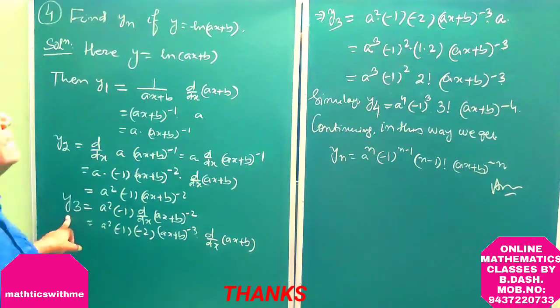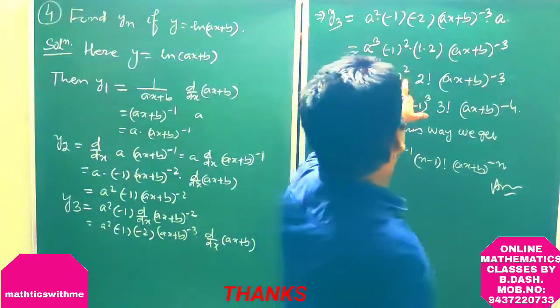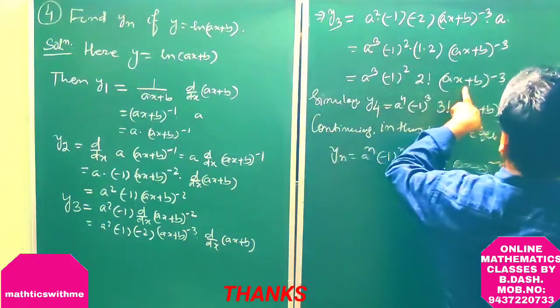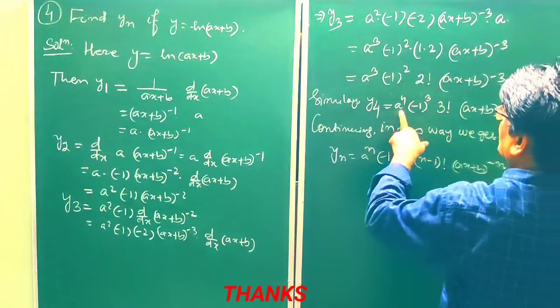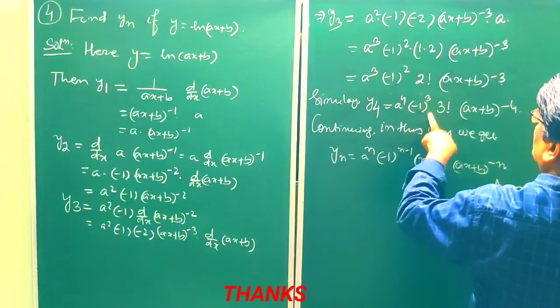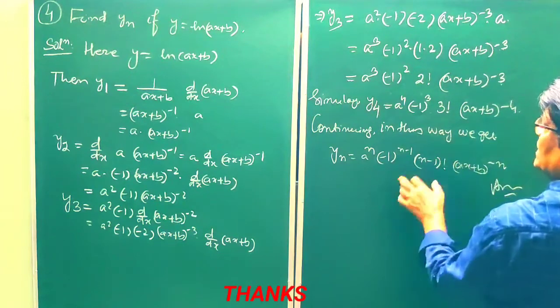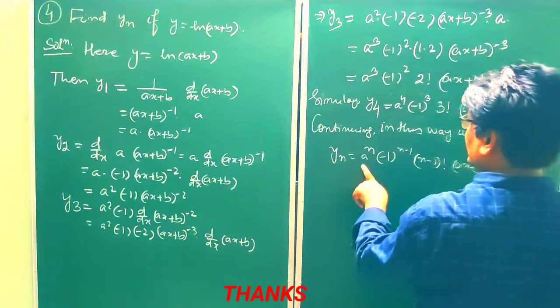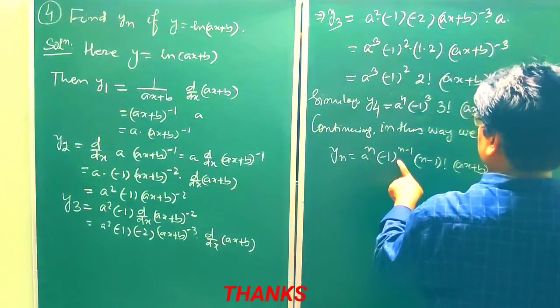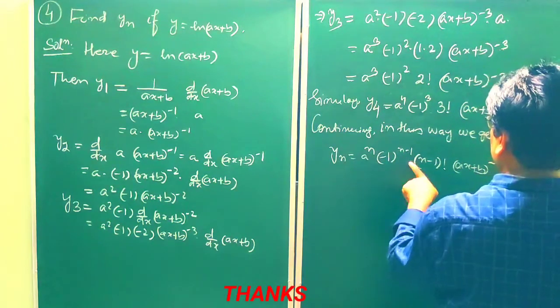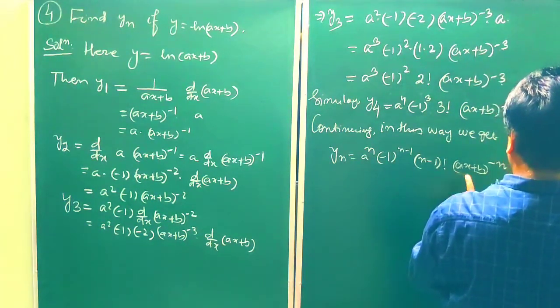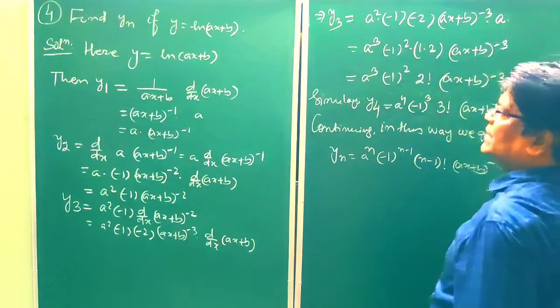Similarly, y3 is equal to a cubed (-1)^2 2 factorial (ax + b)^(-3), and y4 is equal to a to the power 4 (-1)^3 3 factorial (ax + b)^(-4). Continuing in this way, we get yn is equal to a^n (-1)^(n-1) (n-1) factorial (ax + b)^(-n).